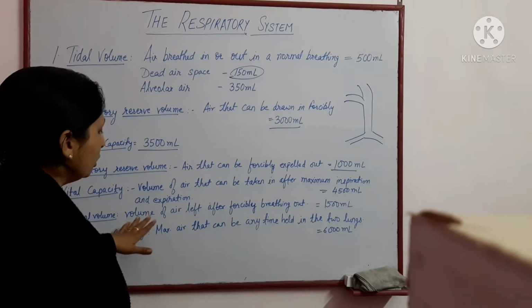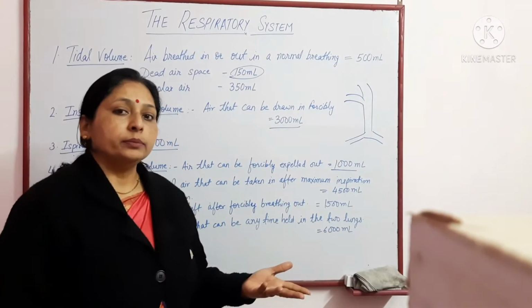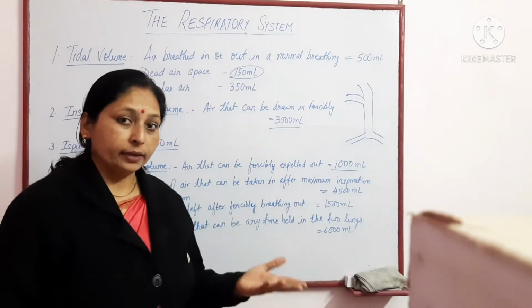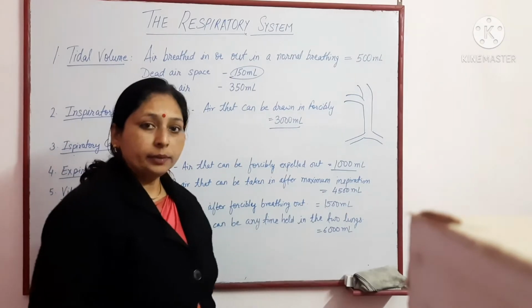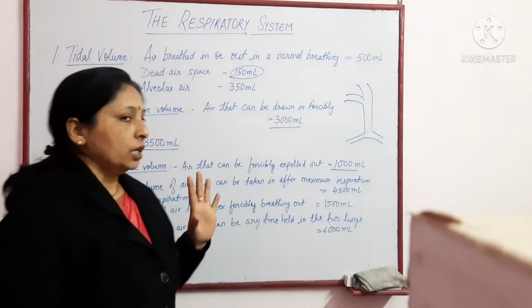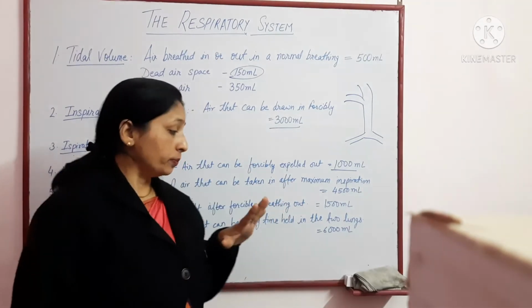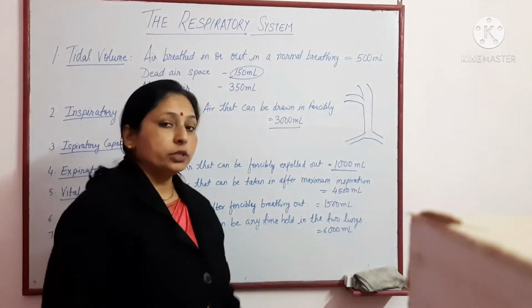Residual volume, the air left in the lungs after maximum expelling, is 1500 milliliters. Total lung capacity is the amount of air which the two lungs can retain, 6000 milliliters.